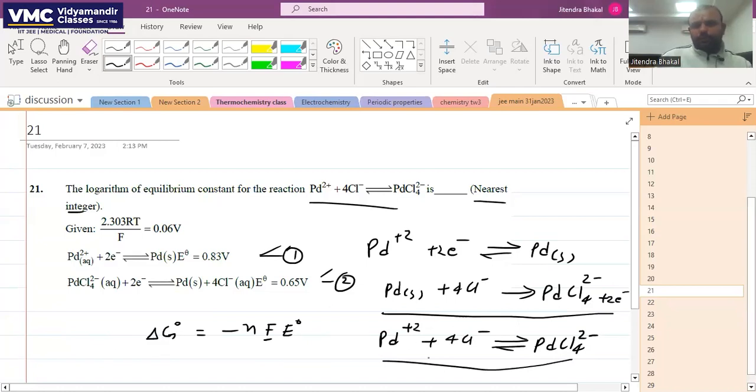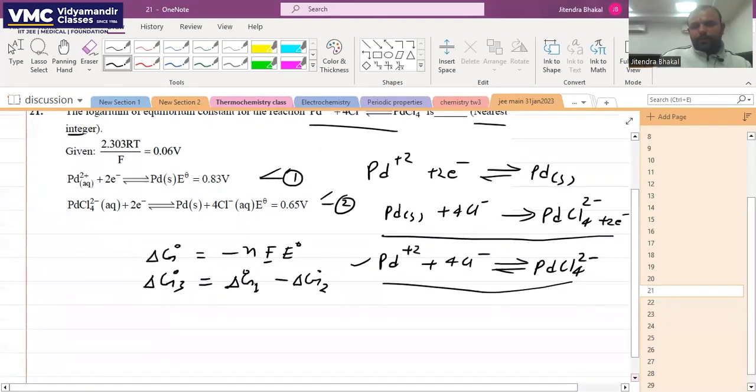So delta G for the third reaction is equal to delta G for the first reaction minus delta G for the second reaction. So delta G3 is equal to delta G naught for first minus delta G naught for second.